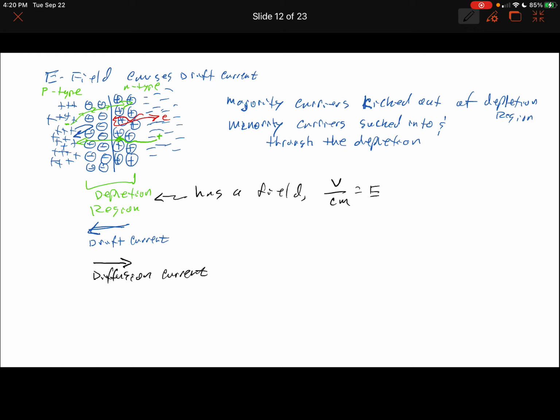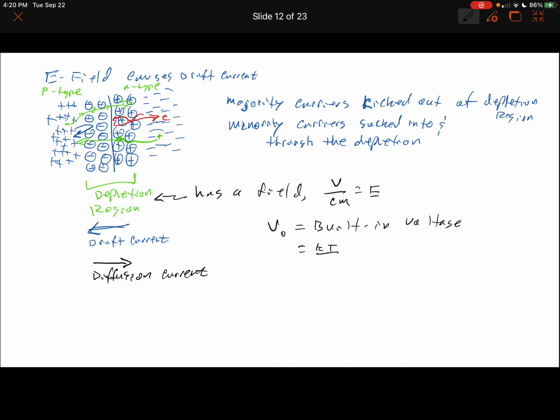And that field is due to a voltage, or we can measure that field as a voltage, and we call that the built-in voltage. If we had a little voltmeter and measured from here over to here, we'd see a voltage. That would be V0, or the built-in voltage. And it depends on doping and how it's built and things like that.